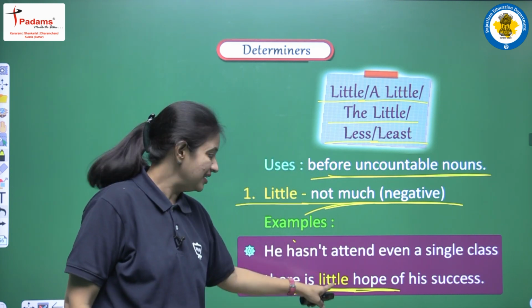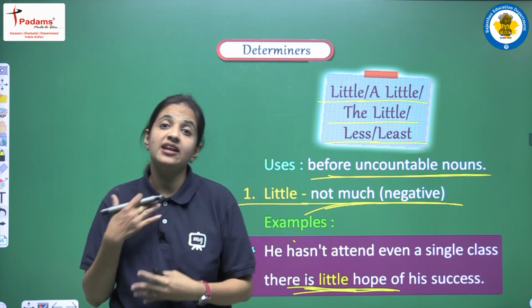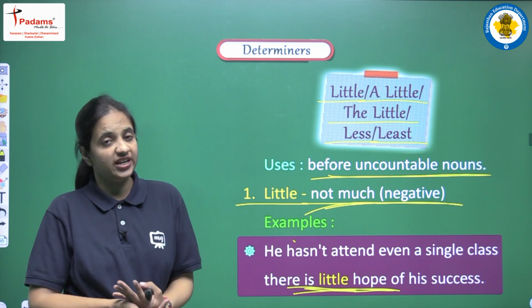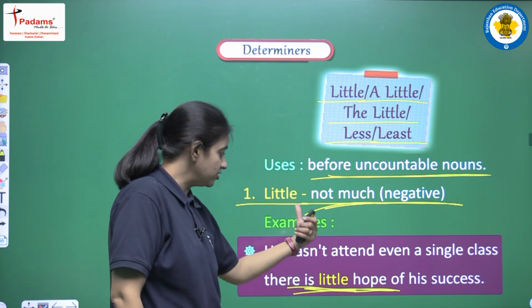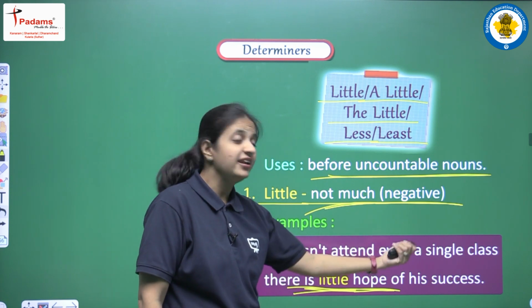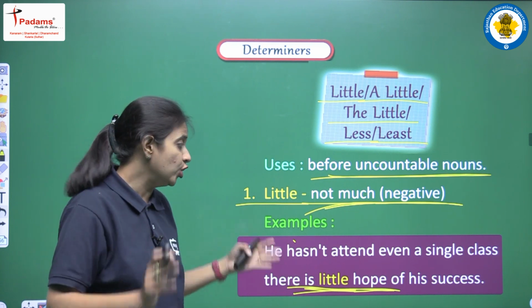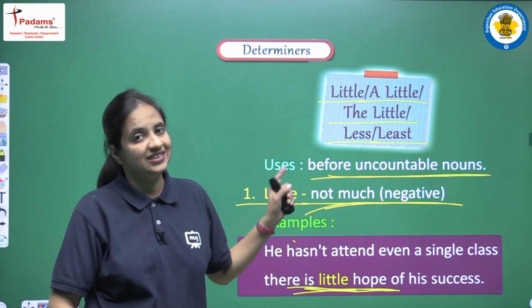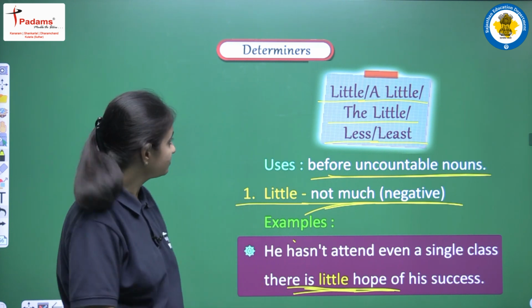So here we have little as a determiner because we want to show the negative feeling, to create a negative sense in the sentence. Because he hasn't attended even a single class, we can say there is no hope for his success, and this is the reason we are using little here as a determiner.